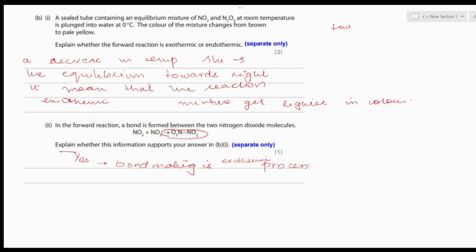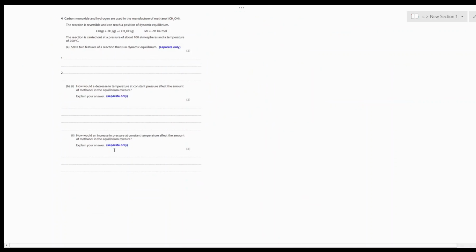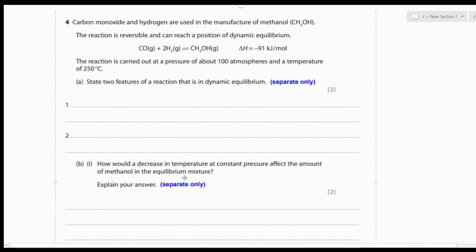Okay, let's practice more. Again, a question has been repeated. Two features of dynamic equilibrium. What are the two features of dynamic equilibrium?